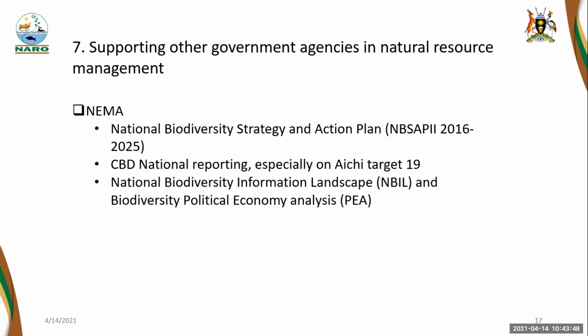Then, of course, our work is also directly supporting other government agencies in natural resource management to achieve their mandate. One of them is the National Biodiversity Strategy and Action Plan, which has time-phased targets. One of those targets is to ensure that basic taxonomic information on biodiversity is packaged in user-friendly formats and widely disseminated.